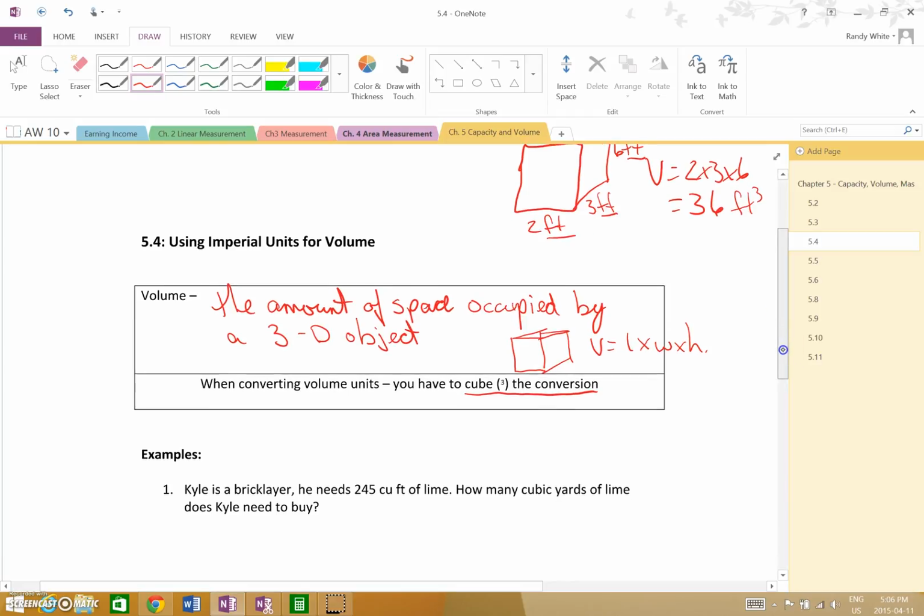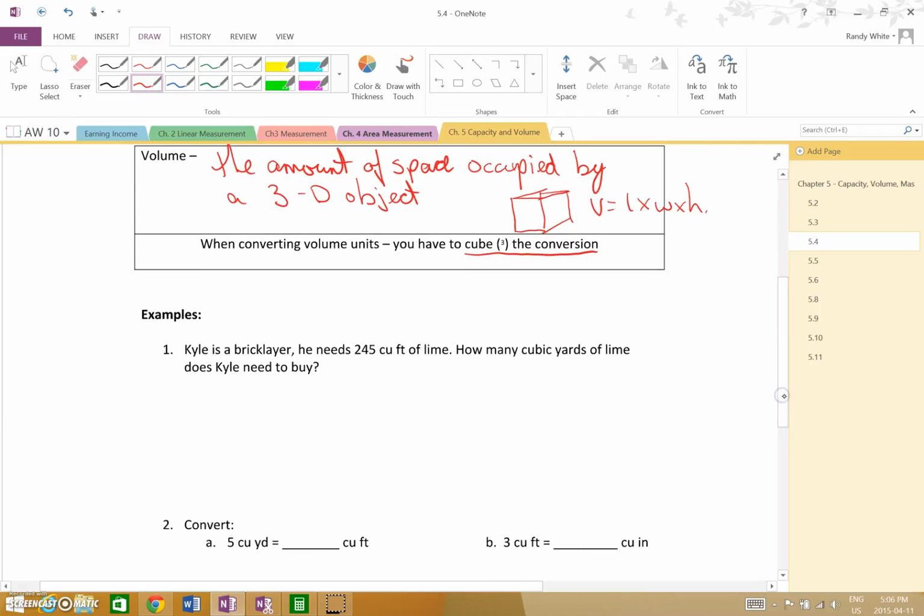And to help us out a little bit here too, let's do some conversions right here. So 1 cubic inch is 1 inch by 1 inch by 1 inch.